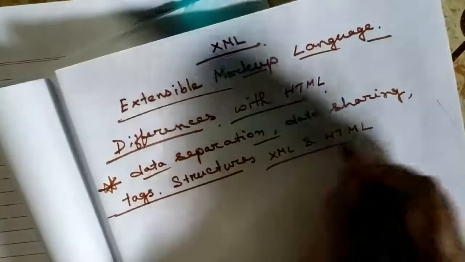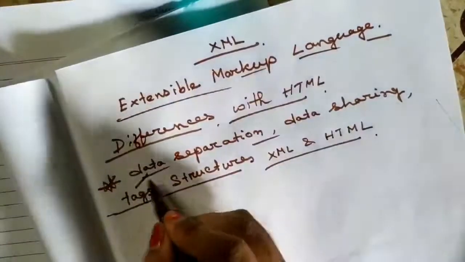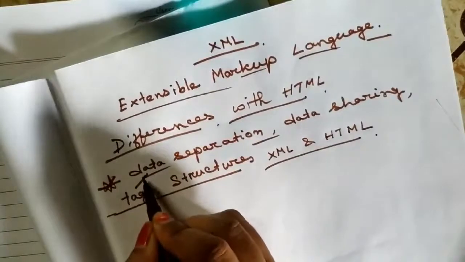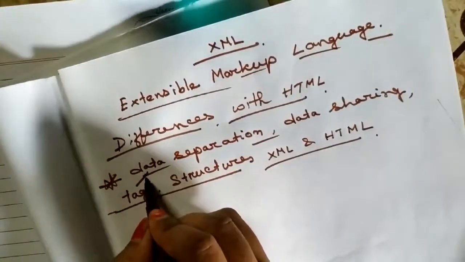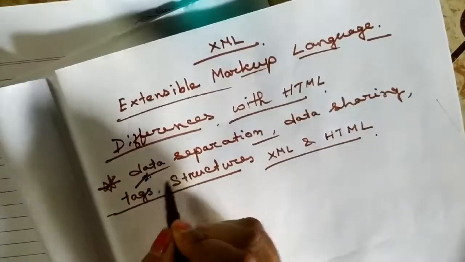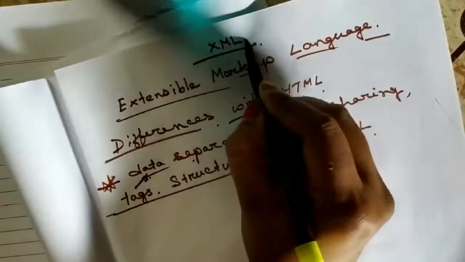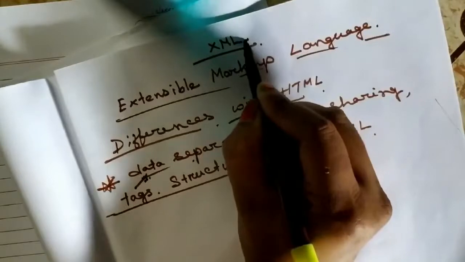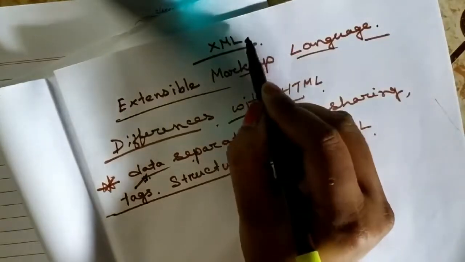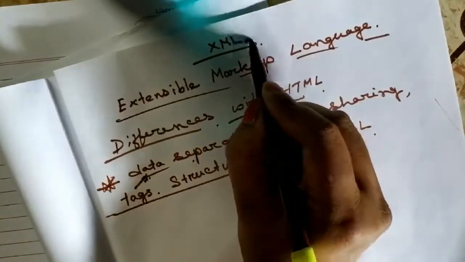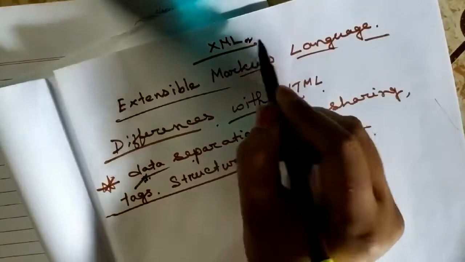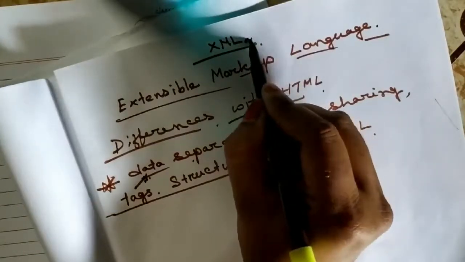So the first difference is data separation. In HTML, the text content is placed between the tags and never modified. Then in XML, data is stored in a separate XML file and it can be updated with a few lines of JavaScript.